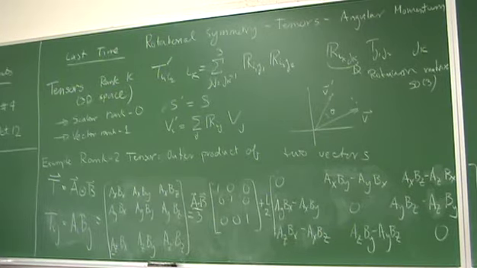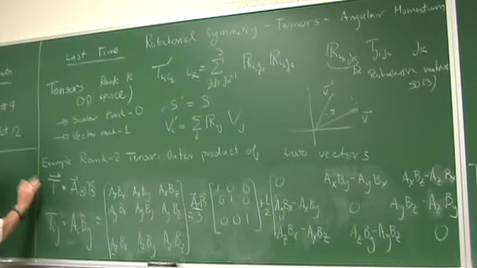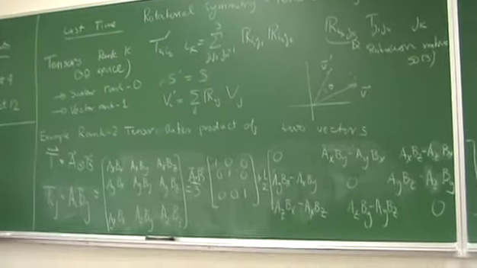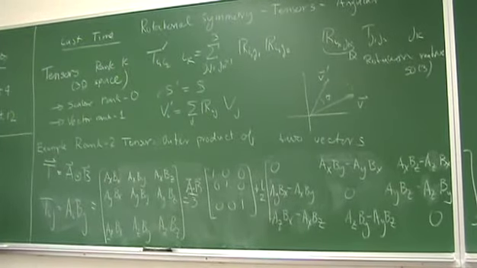And following up on the suggestion that Ben made about how to think about these tensors by just writing out the matrices, Ben wrote up some nice notes which I posted on our website. You can download them there. Let me just remind you of this. So one way of, say, forming a rank 2 tensor is by looking at the outer product between two vectors.